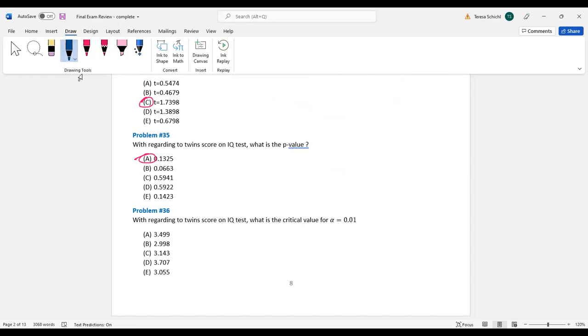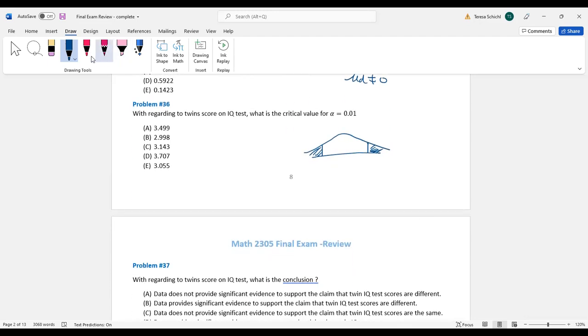So let's take a look, be careful here. Because this is a pair T, we do mu D is not equal to 0. So it's a two tails. All right, so the critical value is what we want to find here.